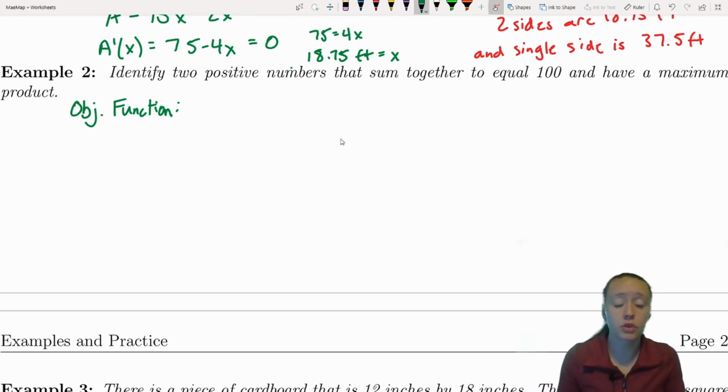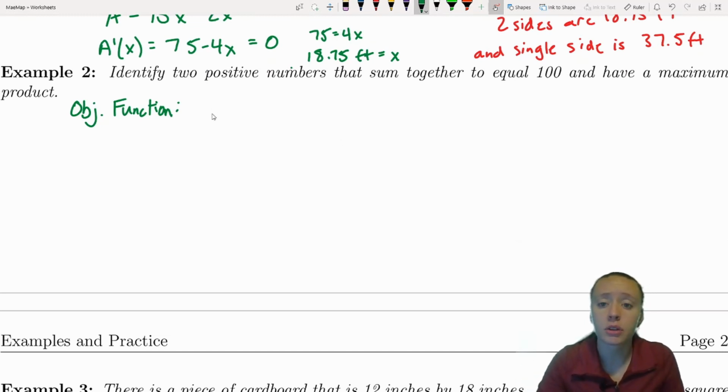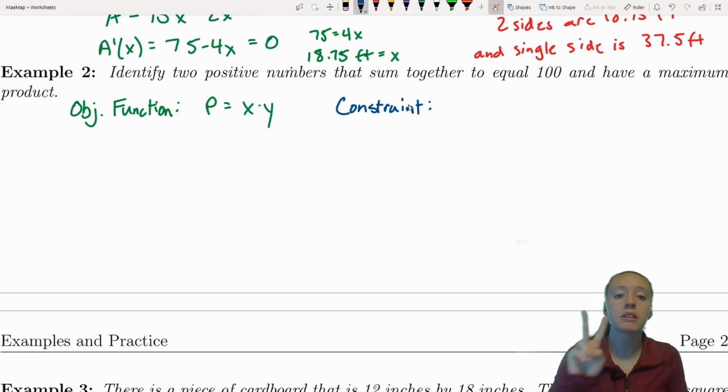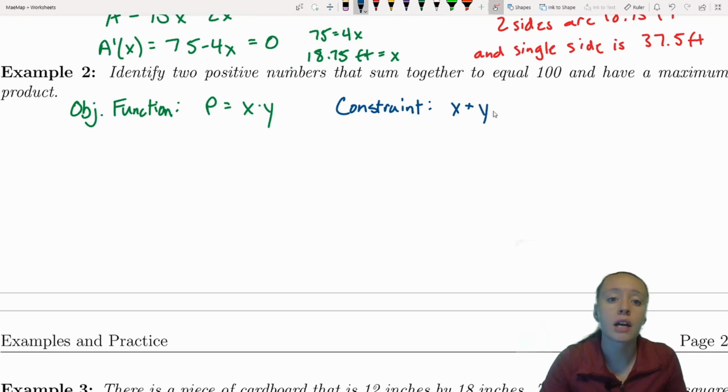We don't know what those two positive numbers are, so I'm just going to say that some maximum product, I'll write P for the product, equals x times y. Now our constraint tells us that x and y, those two positive numbers, sum together to equal 100. So I know that x plus y equals 100.